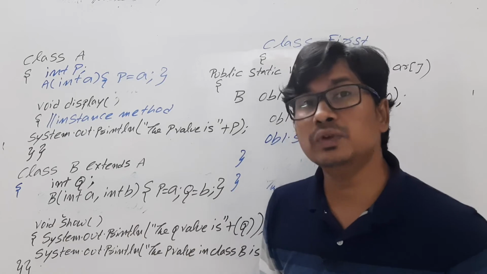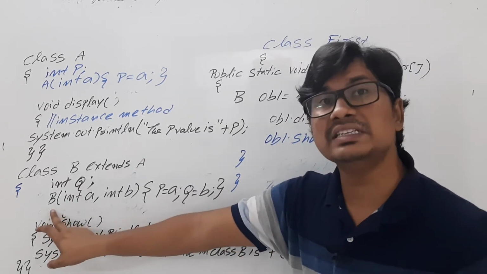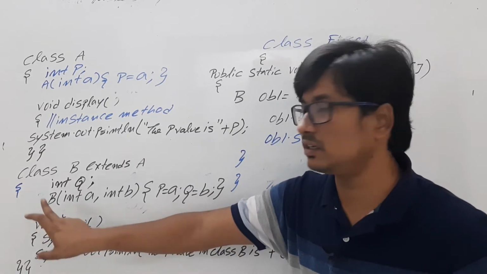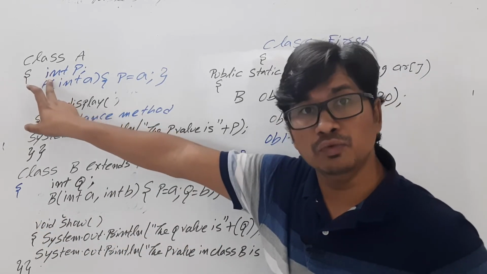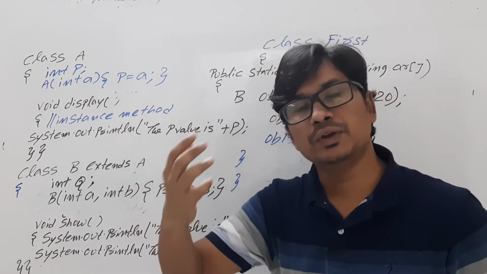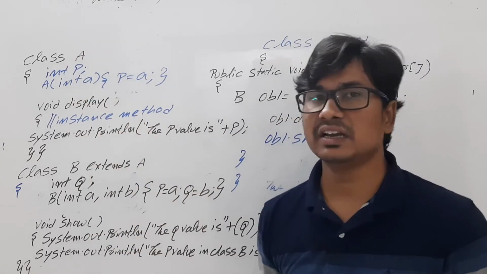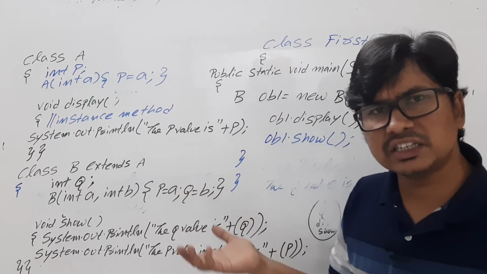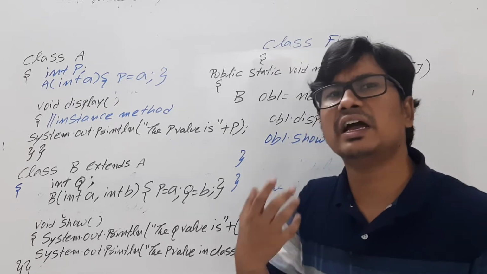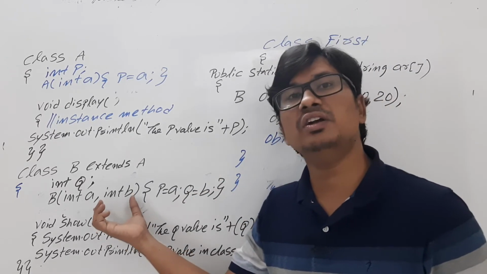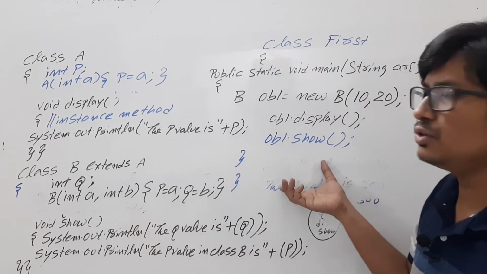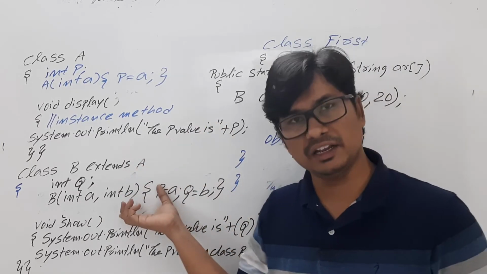But what this will do, this is a parameter constructor in the child class. This will try to invoke the default constructor in the class A. Is there any default constructor? What is meant by default constructor? A constructor without any arguments. As there is no default constructor, if you execute this program, it will show an error for you.